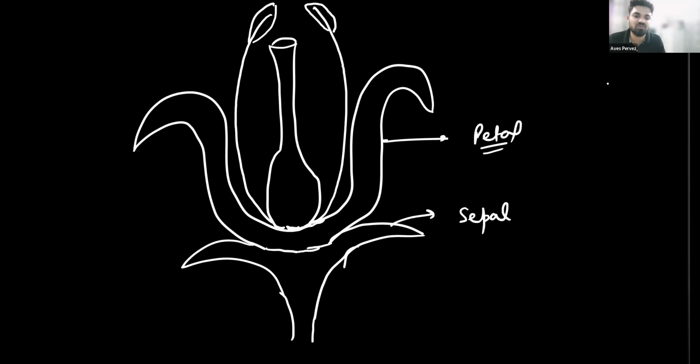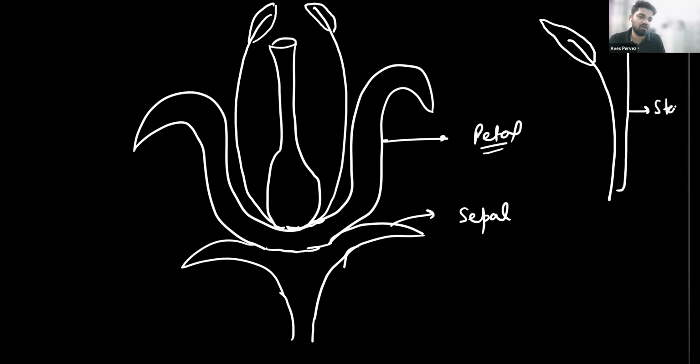So let me draw them separately. Together this is called stamen. This portion is called anther, and this portion is called filament.